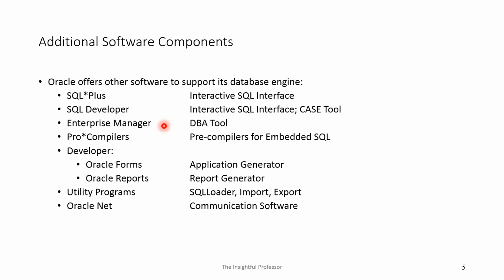Enterprise Manager is a graphical type of database administration tool. Then we have what are called Pro compilers. These are actually what are called pre-compilers, but Oracle calls them Pro, for Pro C, Pro Ada, Pro Fortran.